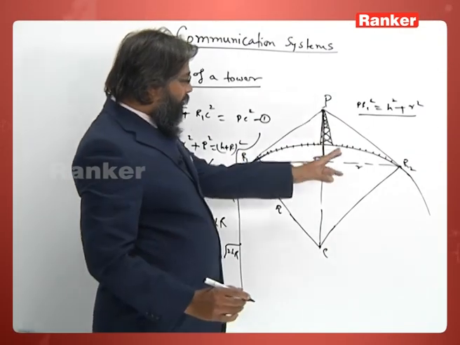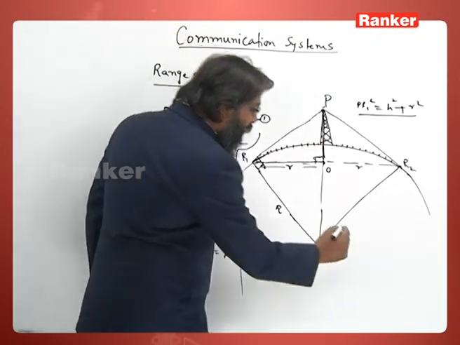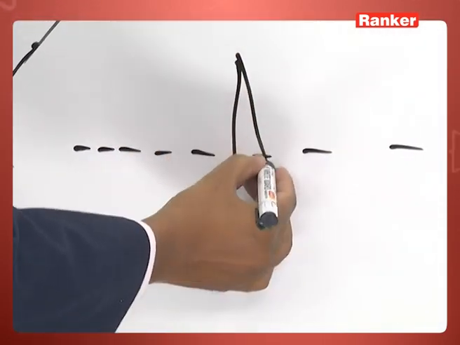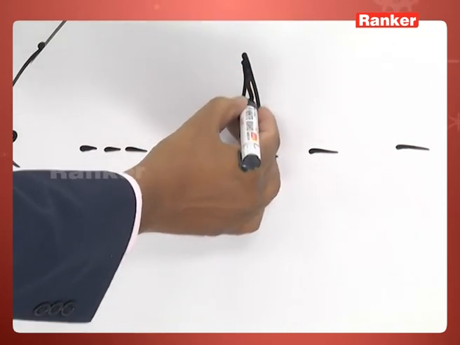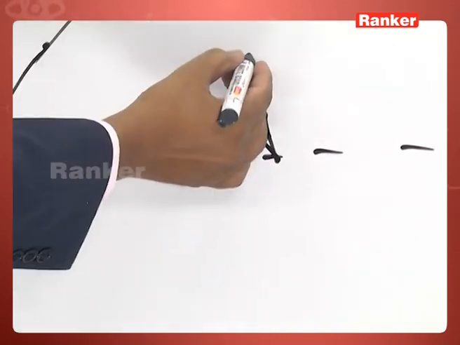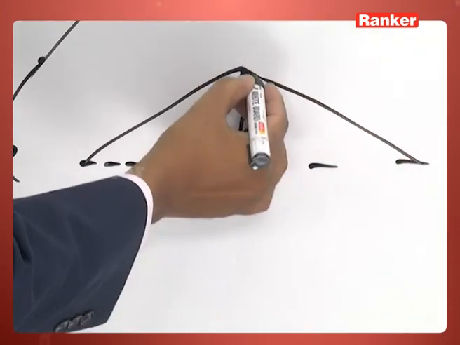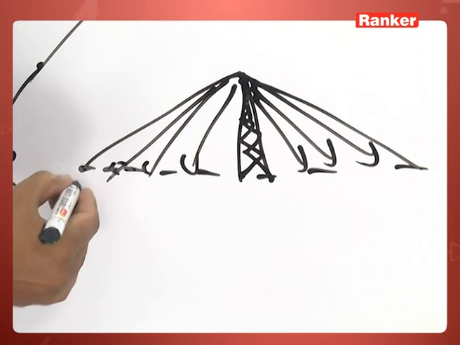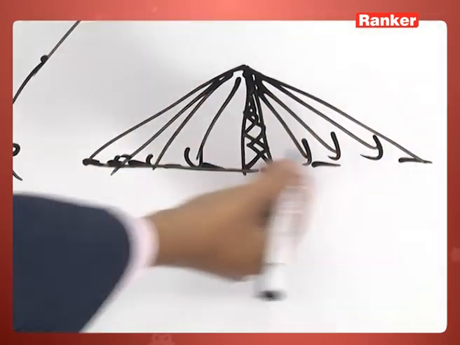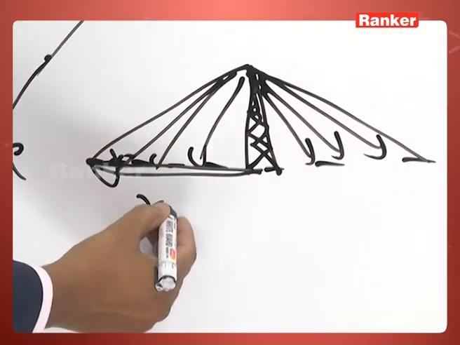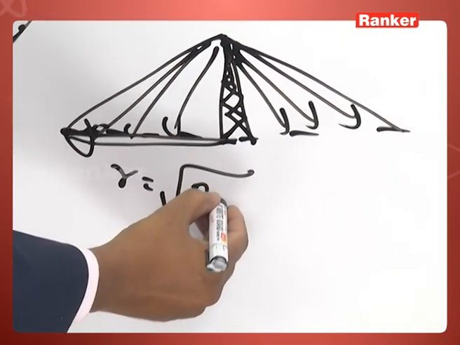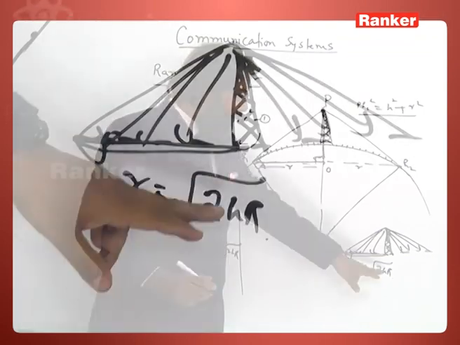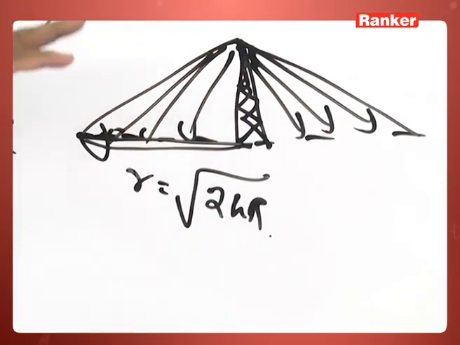If we have a transmitter fitted on a tower on the surface of earth, then the range to which it can cater its services, the signal can be transmitted, will be in a circular area whose radius is equal to under root 2hr, where R is the radius of earth and h is the height of the tower.